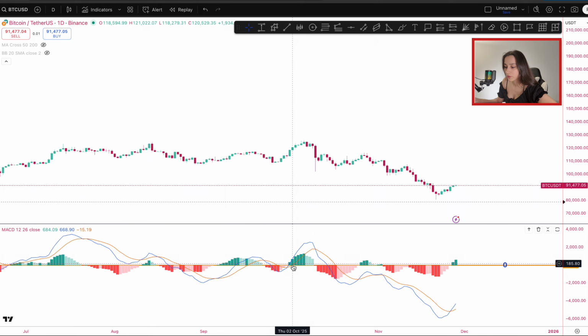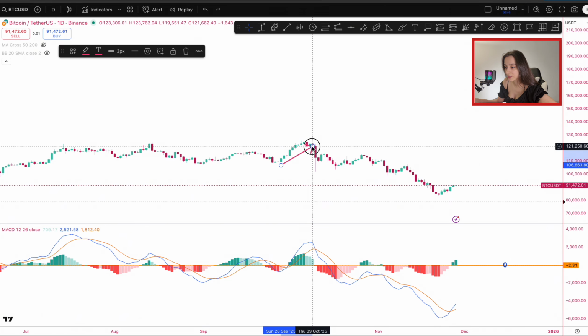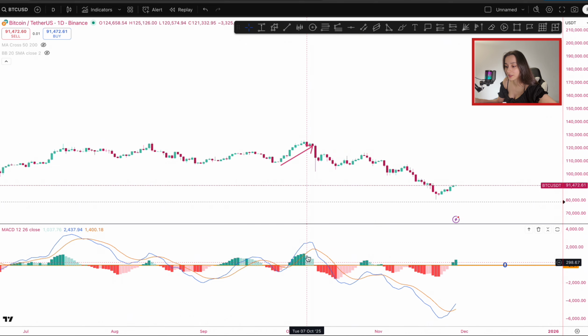And there are two confirmations. First of all, our candles are on the upside of the zero level, and also we see the cross, this blue crossing the orange, so there are two things that we can confirm this rise with. And as you can see on the graph, it rises, and when this blue line crosses the orange from up to down, you can see a drop over here.